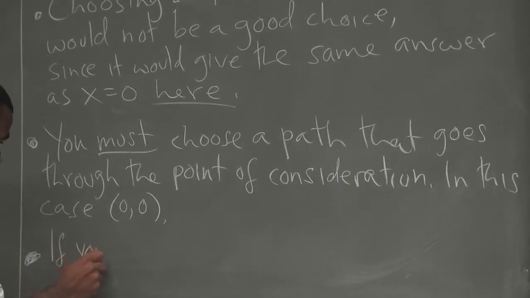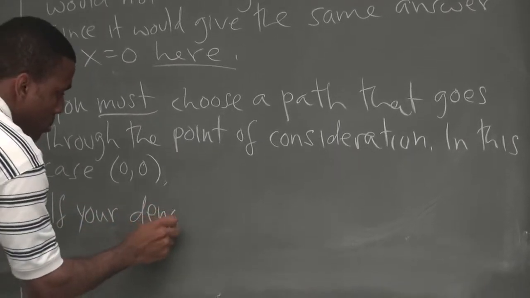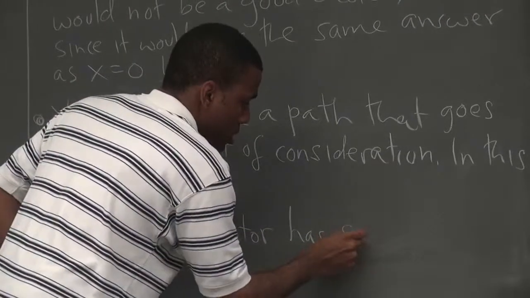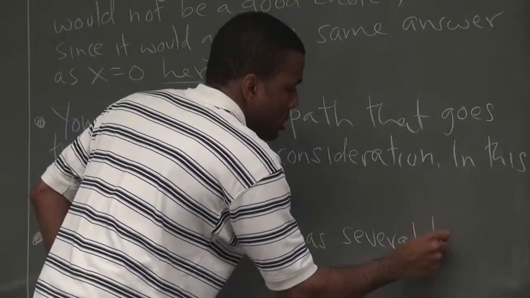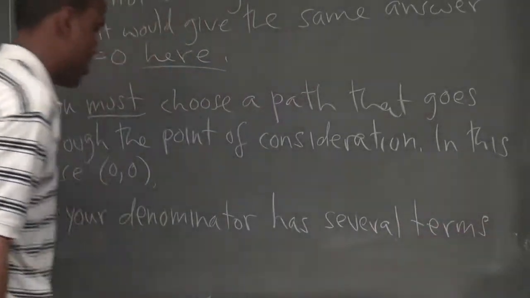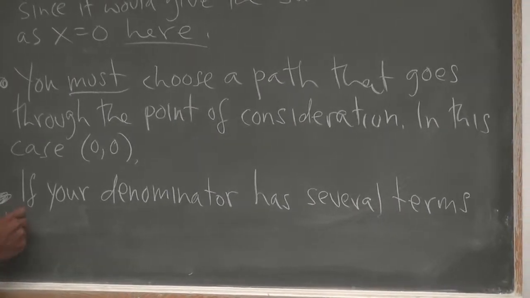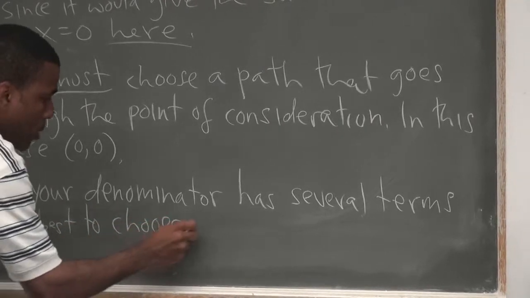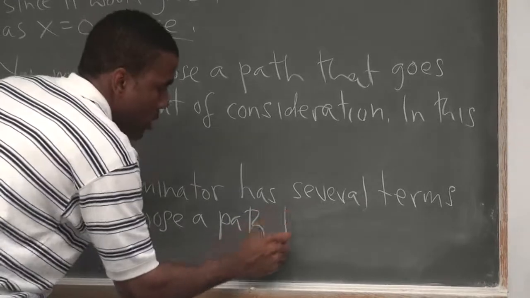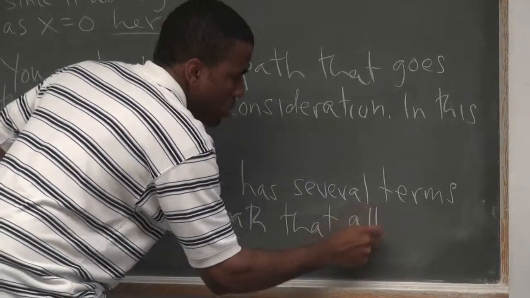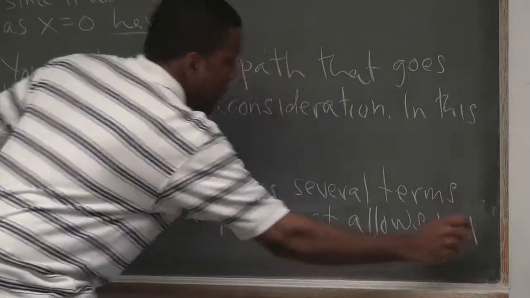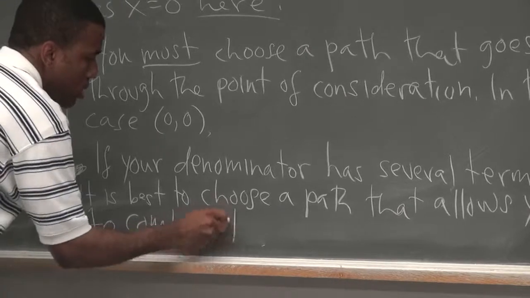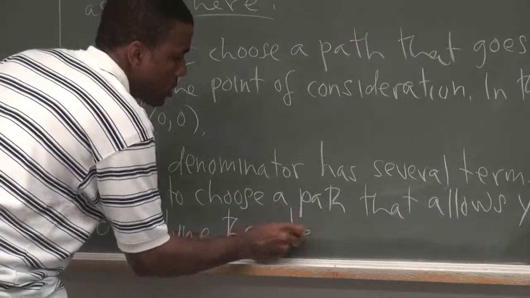if your denominator has several terms, it is best to choose a path that allows you to combine these terms.